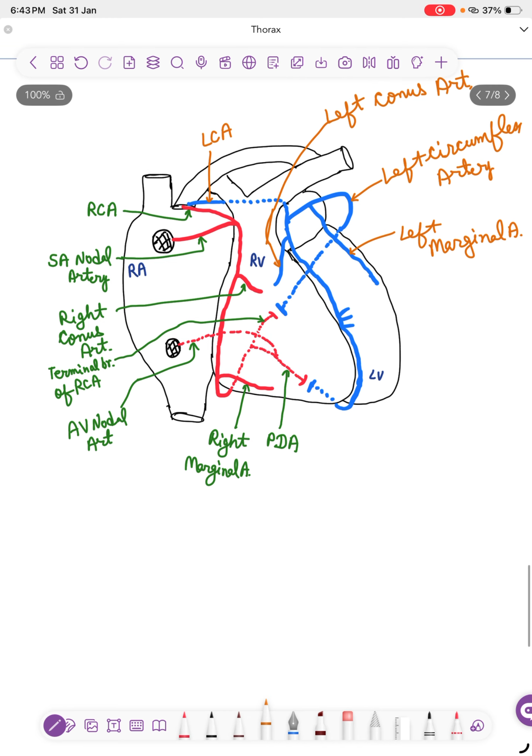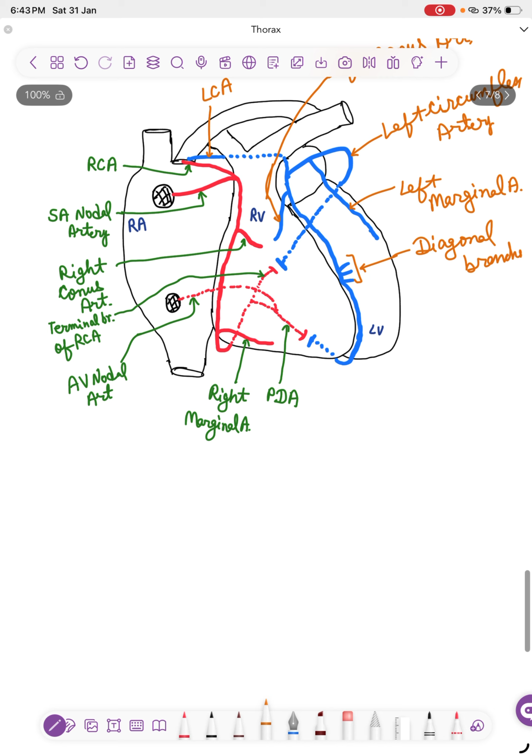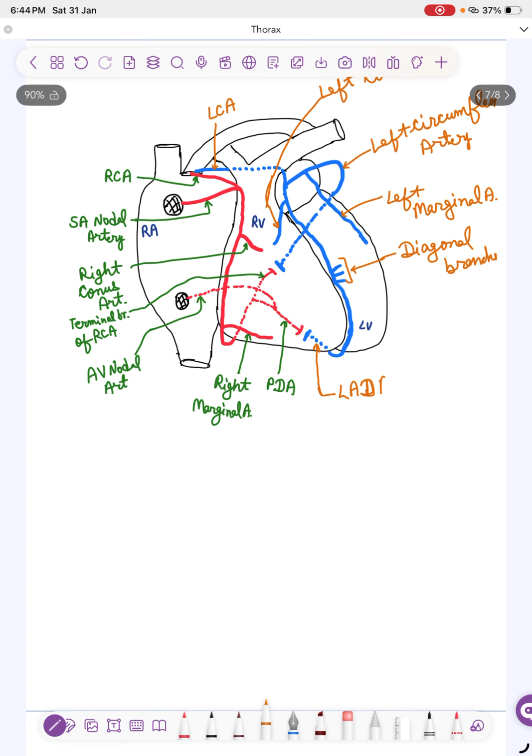Then from the left coronary artery there are some diagonal branches. And the left coronary artery goes onto the posterior side on the interventricular groove and anastomoses with the posterior descending artery. Which one? This is the left anterior descending artery, which is known as LADA, left anterior descending artery.